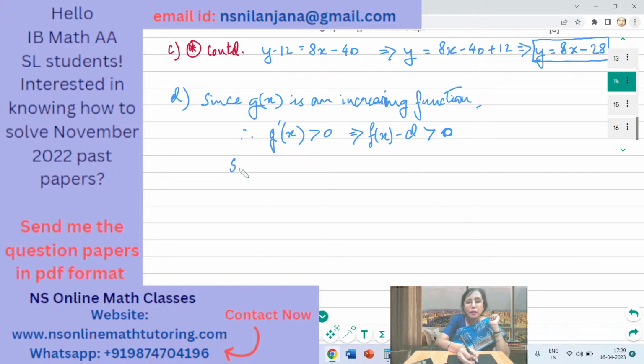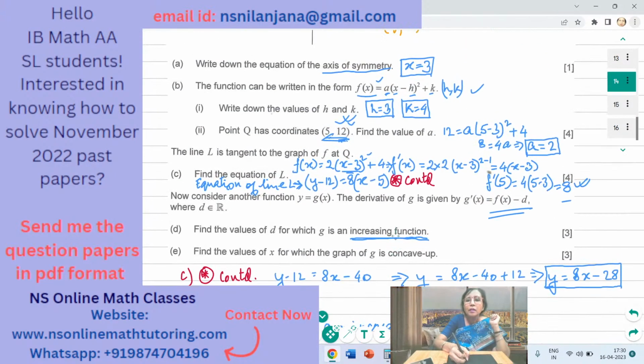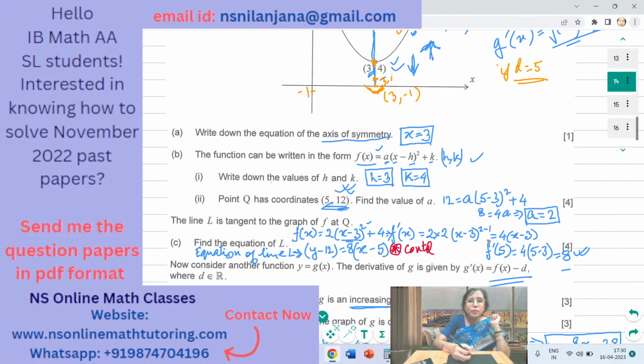Since the vertex coordinates of f of x are 3, 4. Let me show you again. It is 3, 4. Okay.